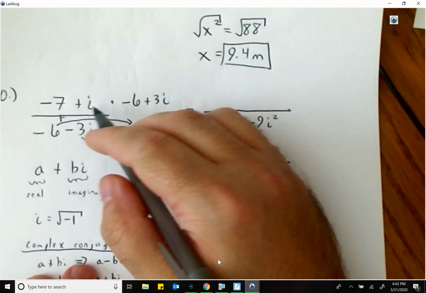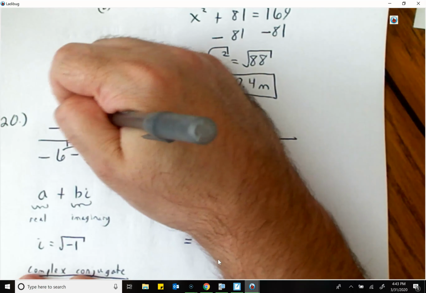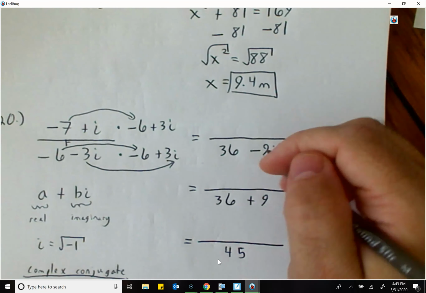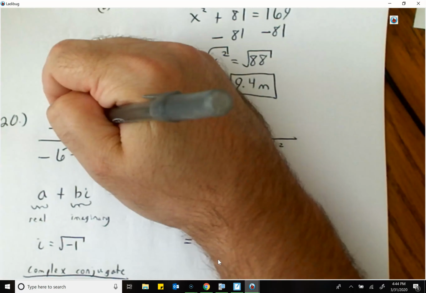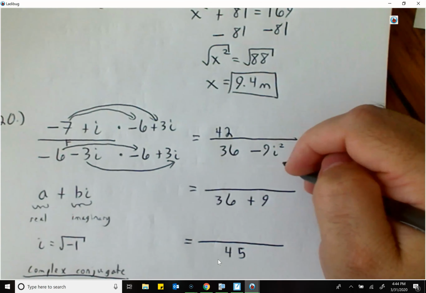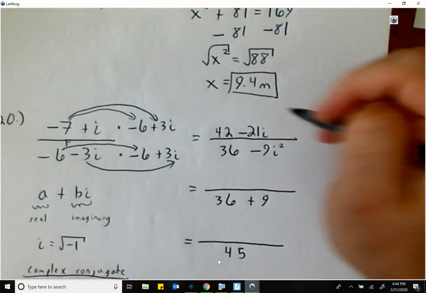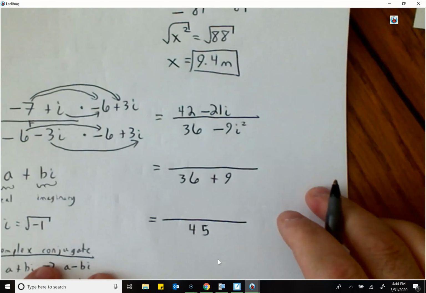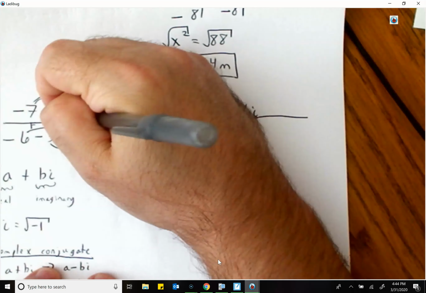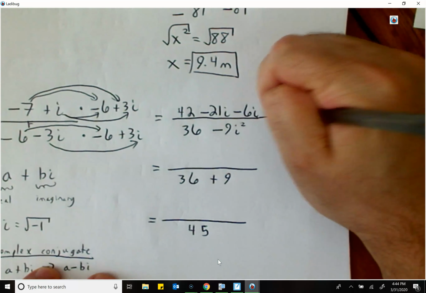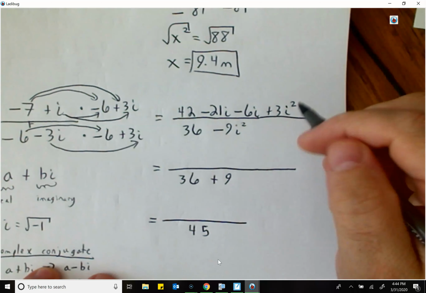All right, now the numerator. The numerator, we actually have to FOIL all this out. Okay? So we're going to take -7 times a -6, which is a positive 42. We're going to take a -7 times a positive 3i, and that will give us -21i. We're going to take i times a -6, which will give us a -6i. And last but not least, we'll take i times 3i, which will give us a positive 3i squared. So again, kind of doing some cleaning up here.